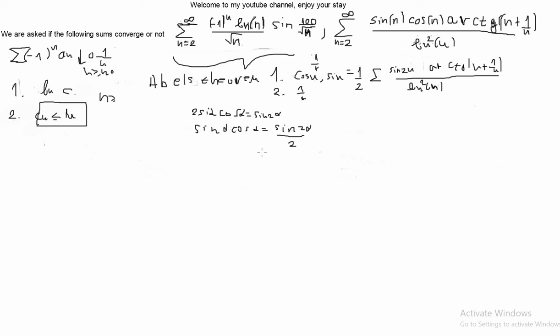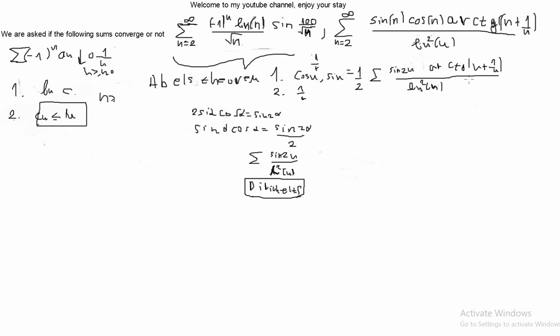So by Dirichlet's criterion, sine of 2n divided by ln squared of n converges by Dirichlet's test.